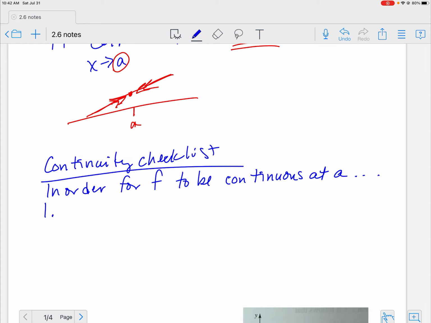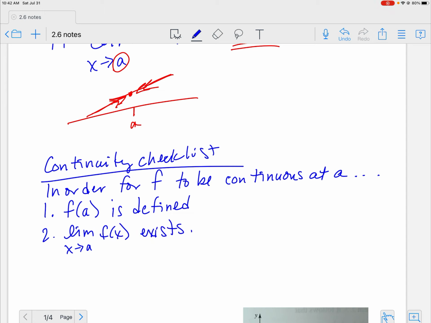Criteria number 1, f of a is defined. So there is an actual value at f of a. So it's there, all right? Criteria number 2, the limit as x approaches a of f of x exists, all right?